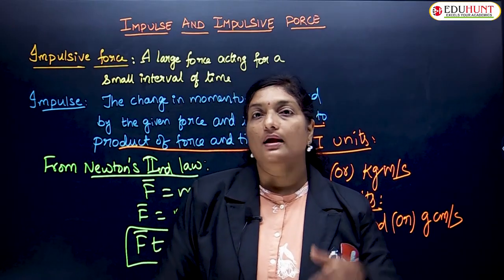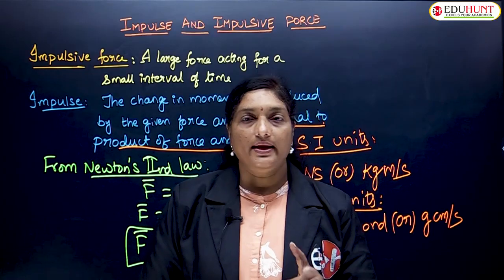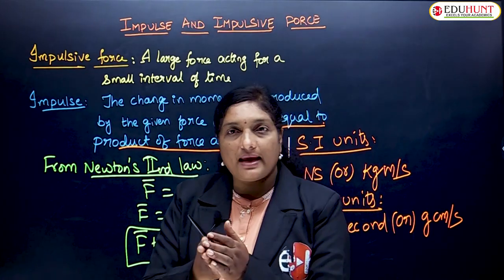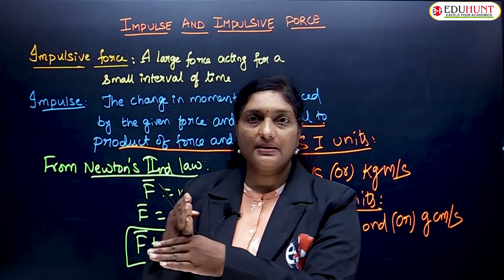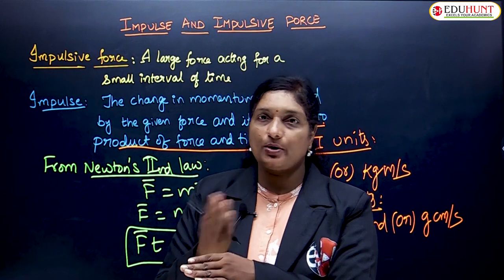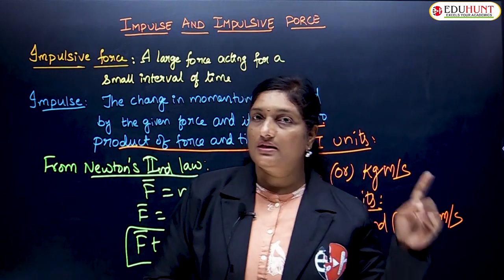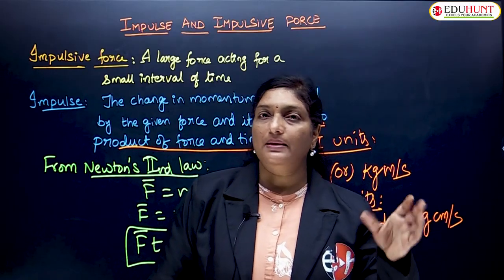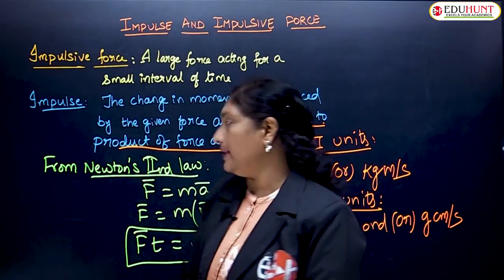The reason why he won't get hurt easily. Okay children, so here as the time gap is increased on the heap of sand, the impulsive force acting on him is lesser because it is a product of force and time. Time increases, force reduced. On cemented floor, less amount of time, so large force is applied.